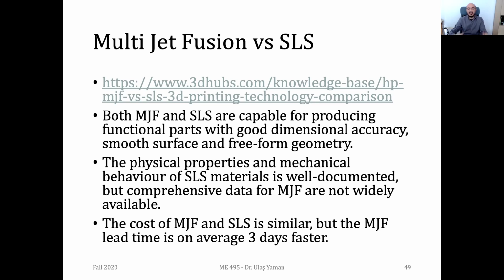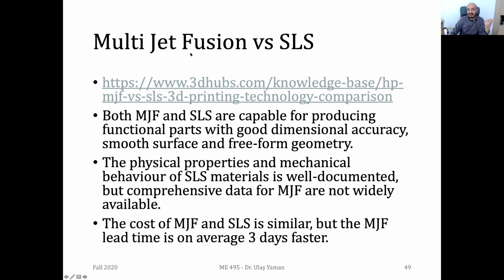They are all actually jetting the binder, but the thing is that multi-jet fusion has a special binding agent. It's actually fusing the powders. In the conventional binder jet, you kind of join them together, but do not fuse them. The powders are not fused. But in the multi-jet fusion, your agent actually helps these powders fuse together. So you don't need to have a secondary process.